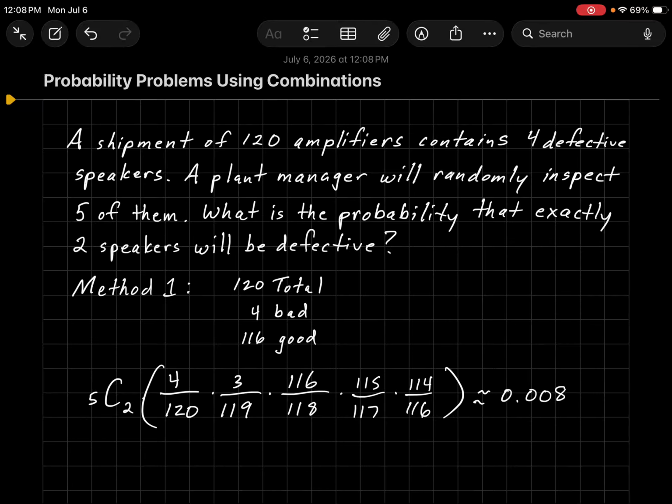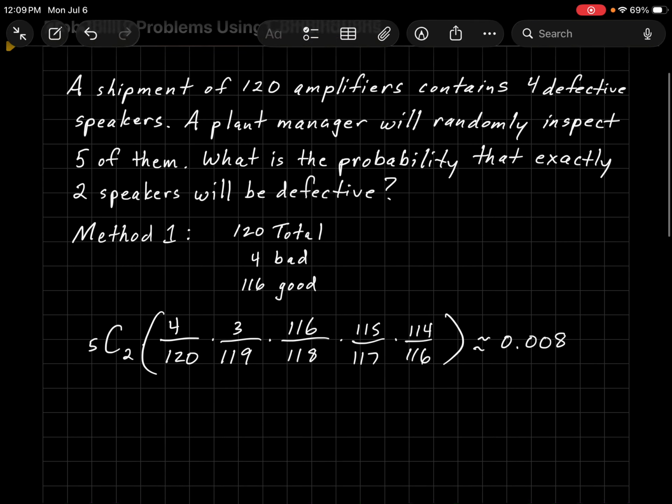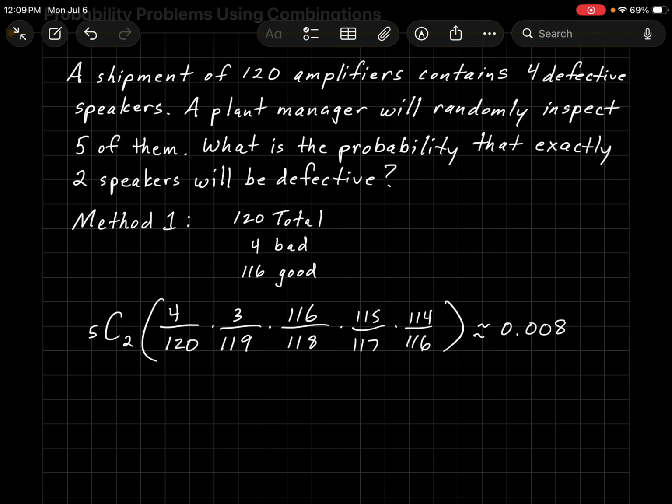Now, there's a less than 1% chance of choosing exactly 2 speakers out of 5 and finding them defective. Now, this is certainly not a bad way. I like this way because it helps me understand probability at its basic. But let's talk about another way that you might like, which is a little bit harder to understand, but it's a little bit quicker to do.